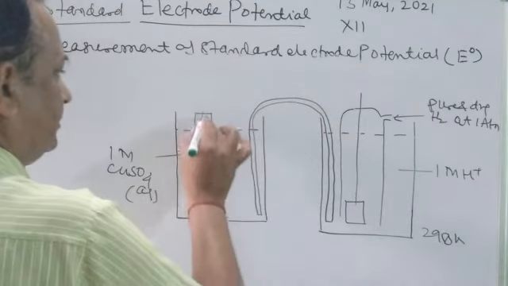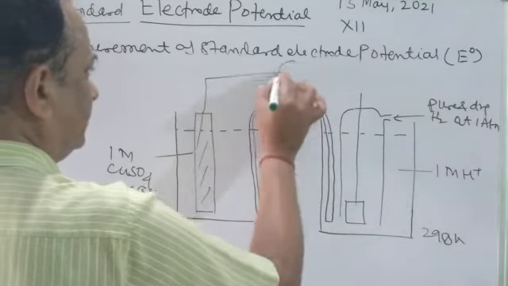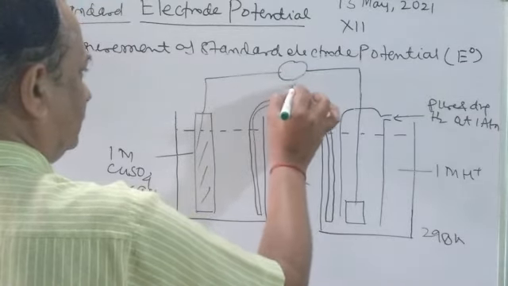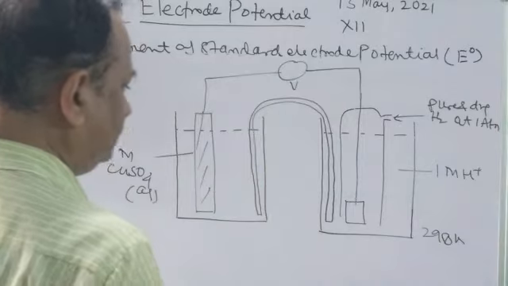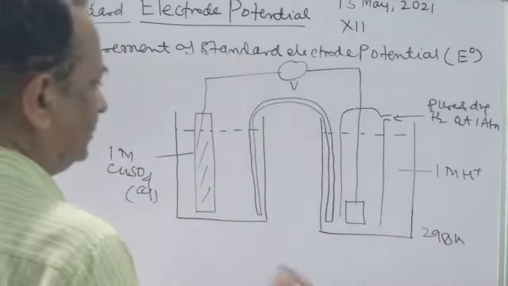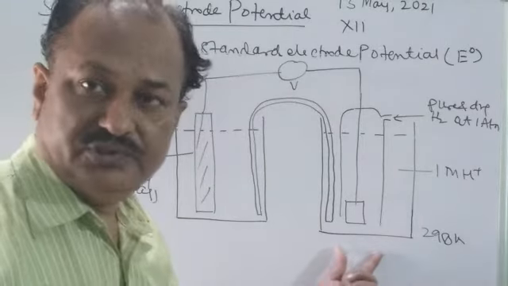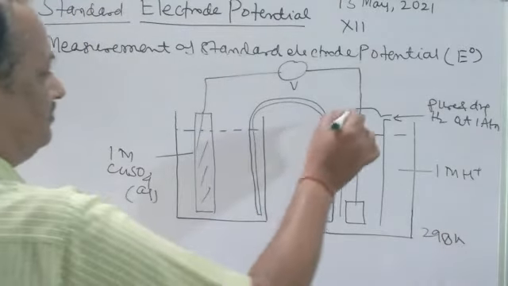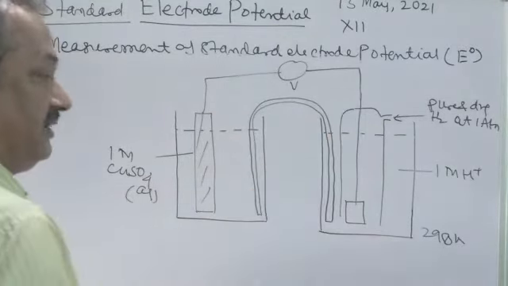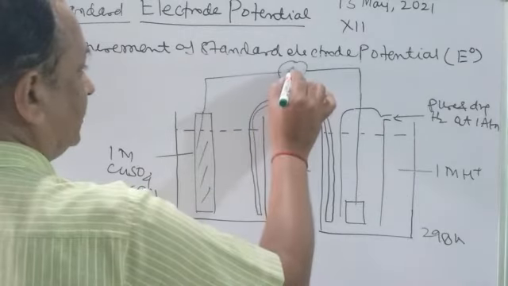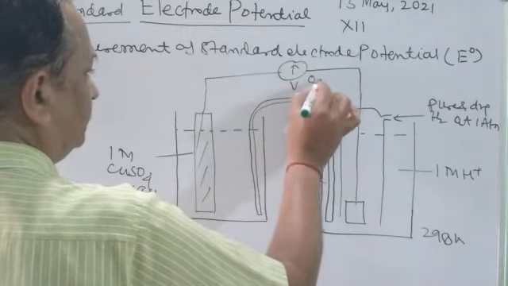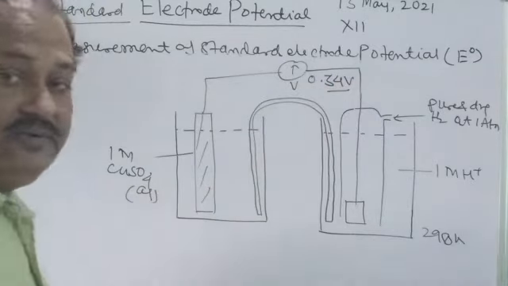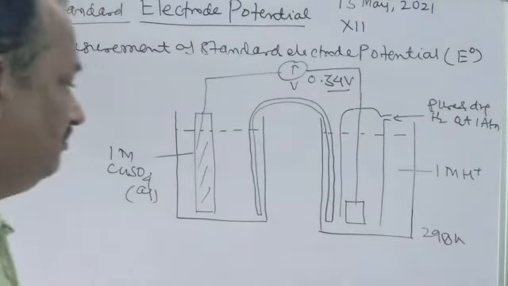Here this is the voltmeter, and same. So this is a standard position, and now here there will be the flow of current, and here the deflection will be 0.34 volt.